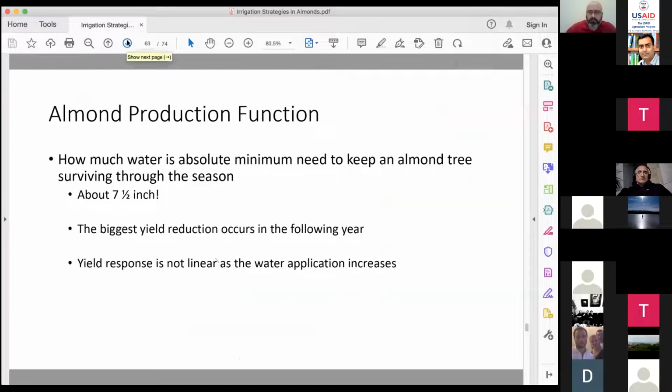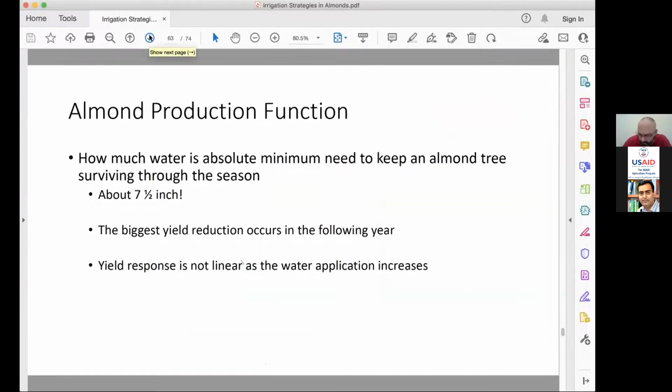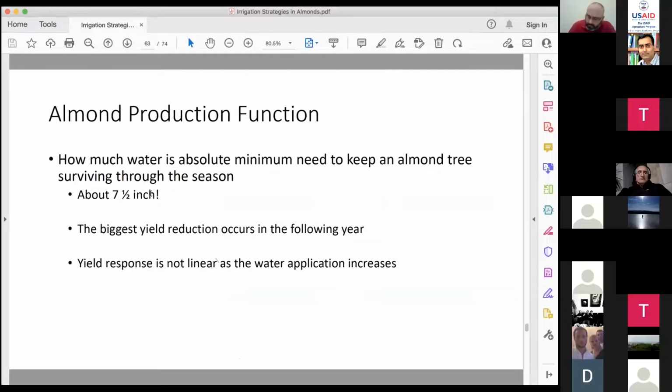Okay, let's talk a little bit more about the almond production function. How much water is the absolute minimum that is needed to keep an almond tree surviving through the season? If you don't have any water, about 7.5 inches is what the university calculations say you have to have so that the trees actually survive through the season.